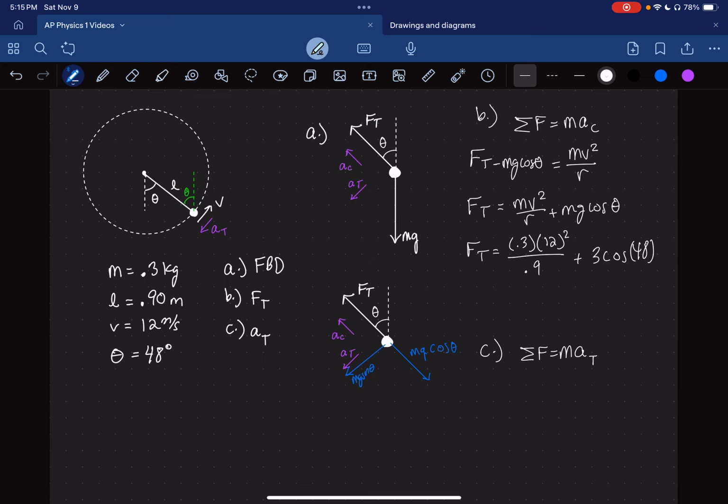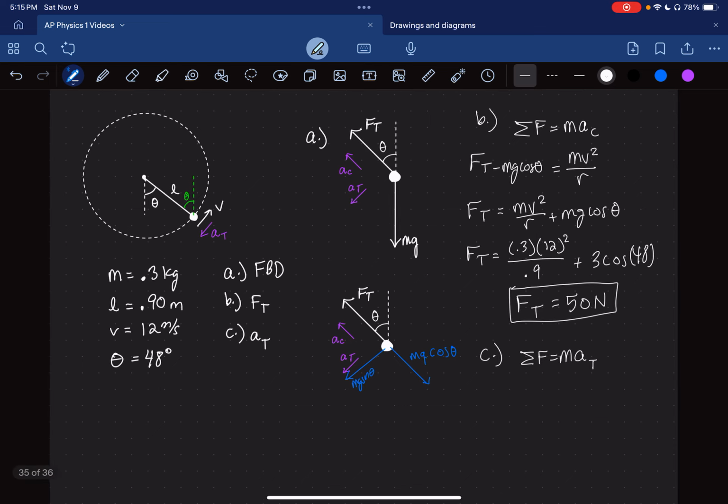And add 3 cosine 48. Okay, looks like 50 is the tension. Cool. And then over here, we'll just bring our component and the tangential acceleration.